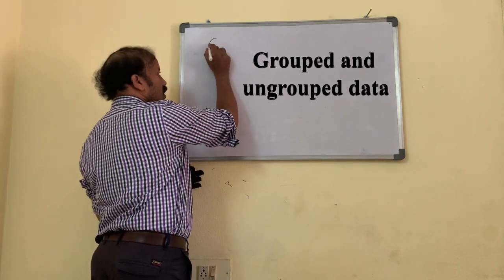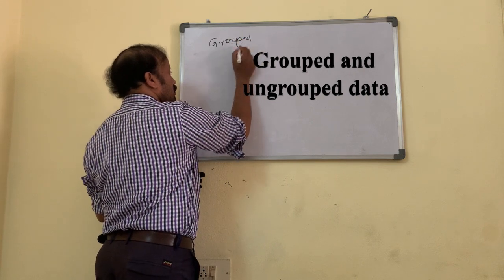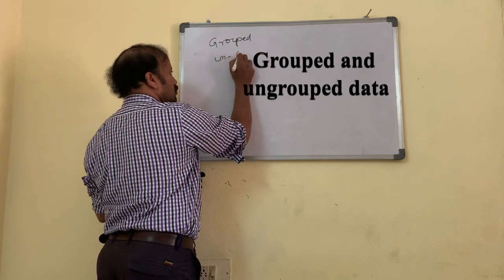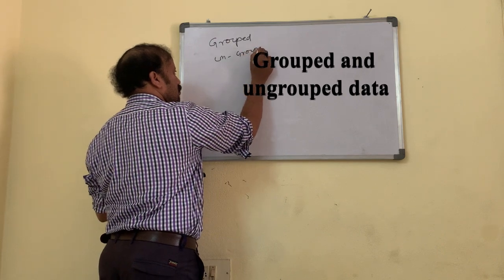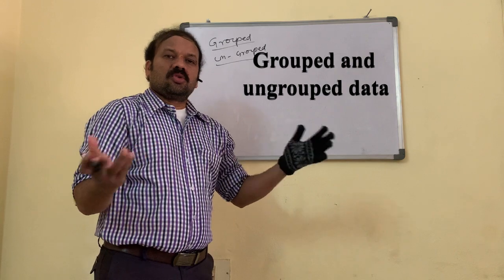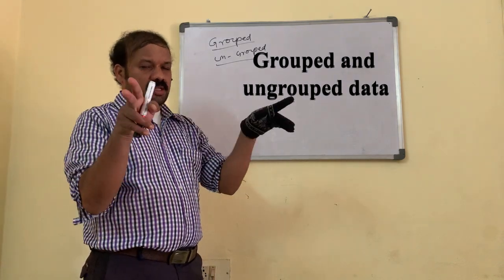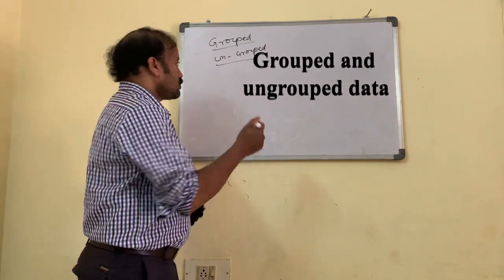Two types are there: grouped and ungrouped. Grouped data is different, ungrouped data is different.